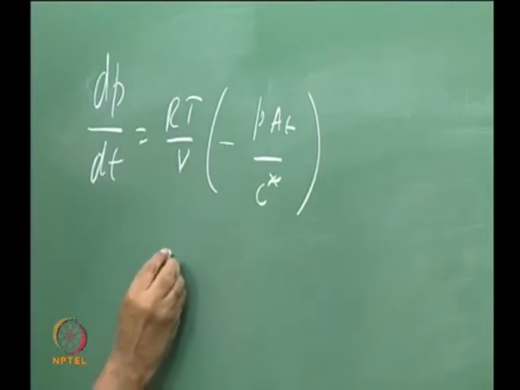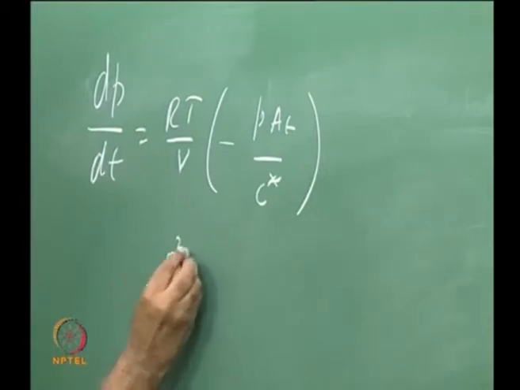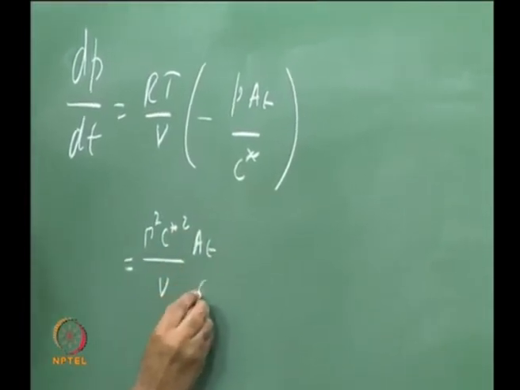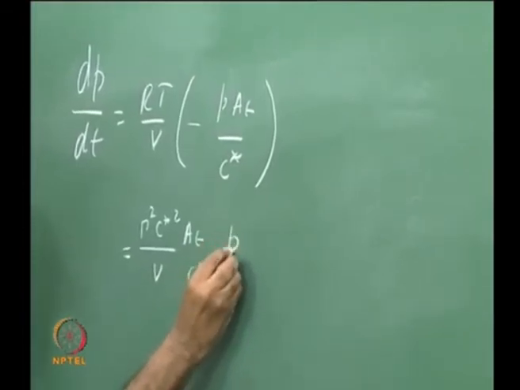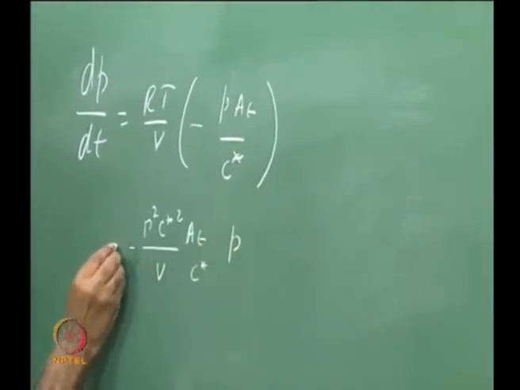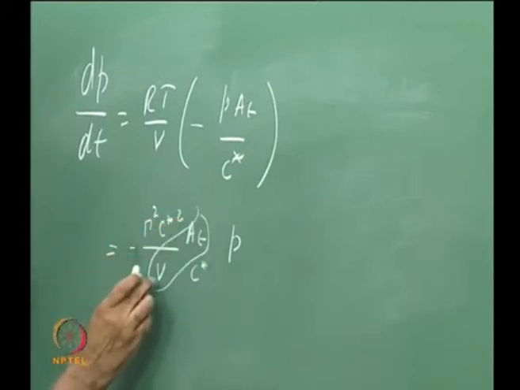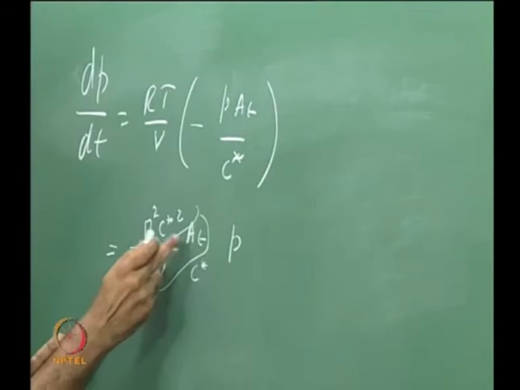and therefore we got gamma square into C star squared divided by V. We took AT outside and we got the value of C star again coming over here as P, and therefore this negative sign comes over here, and now this becomes your L star, that is volume by throat area, that is characteristic length.